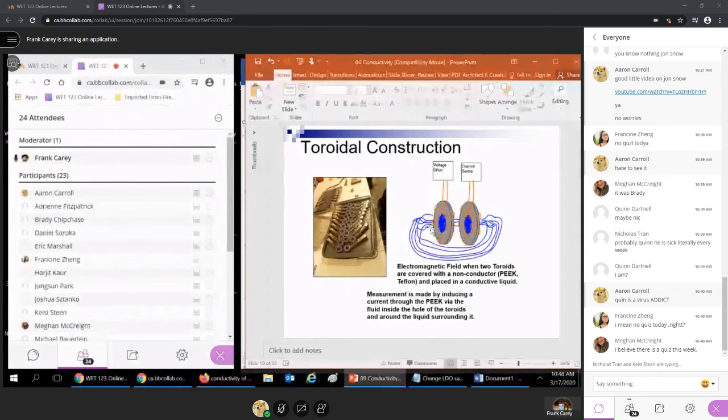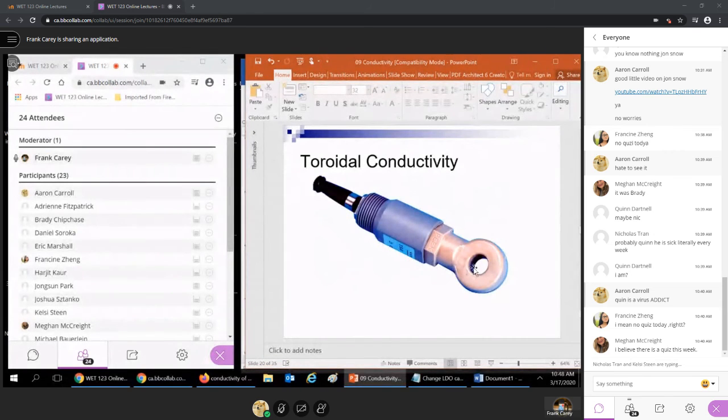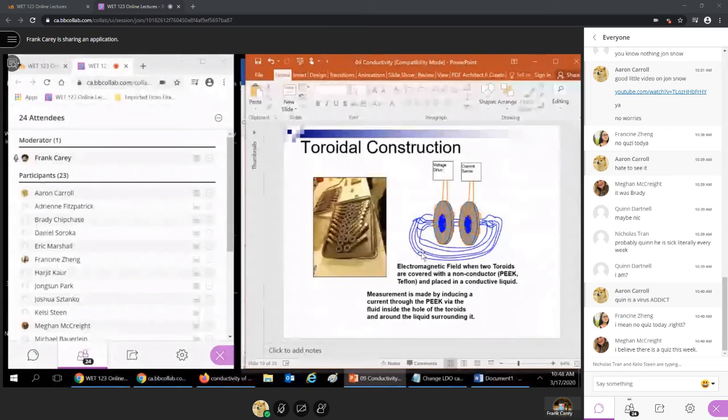However, they look more like this. This is what they look like. So as water passes through, an electromagnetic field is generated in one coil and then measured in another.